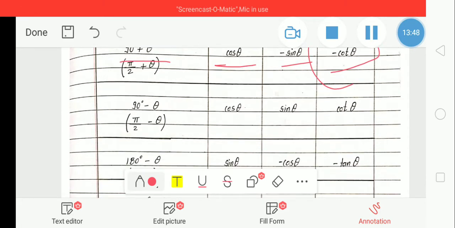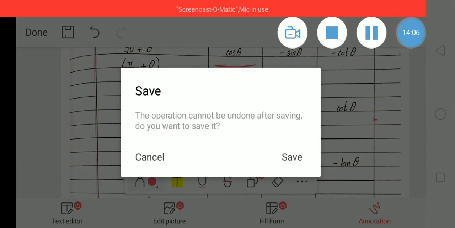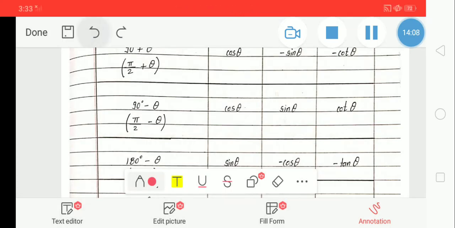And sin 90 minus theta gives cos theta, and cos 90 minus theta gives sin theta, and tan 90 minus theta gives cot theta.